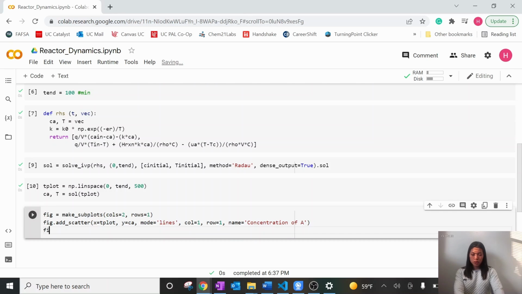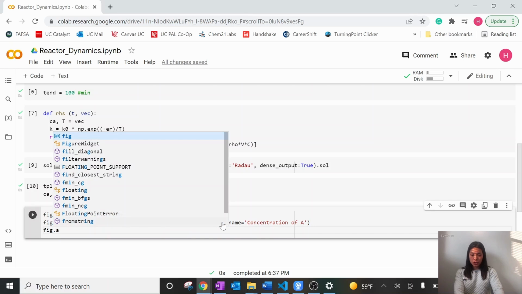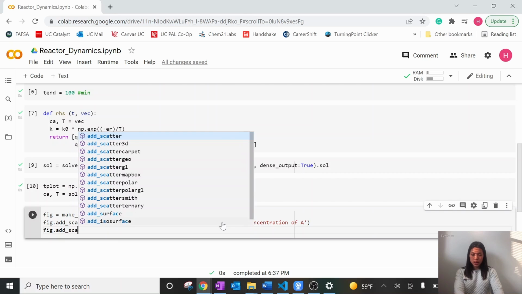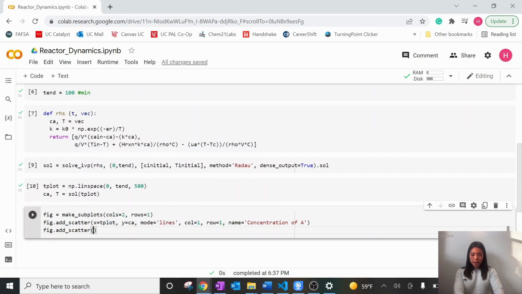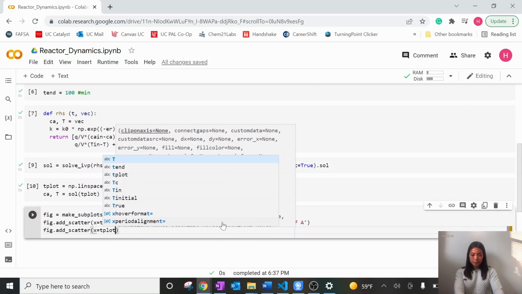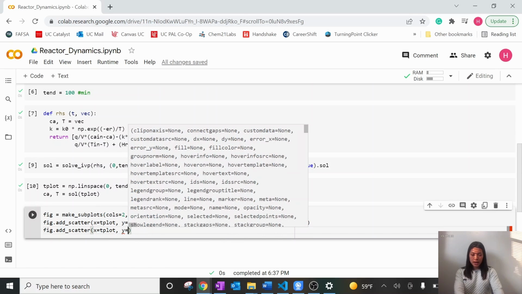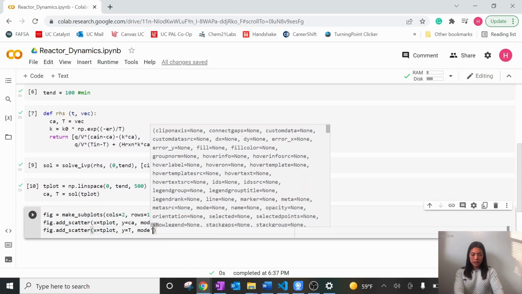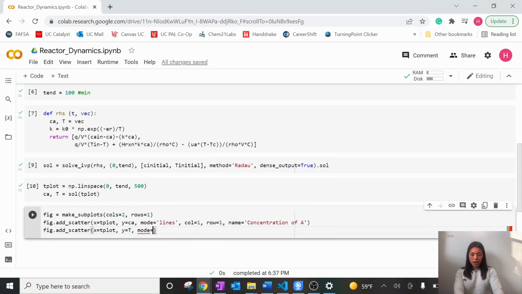And then we also need to add another figure, so fig.add_scatter. Our x-axis is still going to be the time. Our y-axis now is going to be the temperature. And then our mode is still going to be lines, so it's going to be plotting one consecutive line rather than a bunch of small markers.